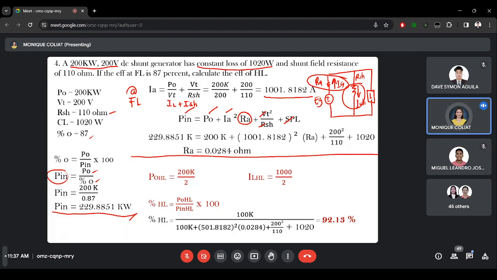It will remain VT. Okay? So you will get the half load of the output power and the half load of the load current. Okay, that's all. So we have 200,000 watts divided by 2. That is 100 kilowatts. And your IL, ano ba yung IL natin? From here, IL is 200,000 divided by 200.